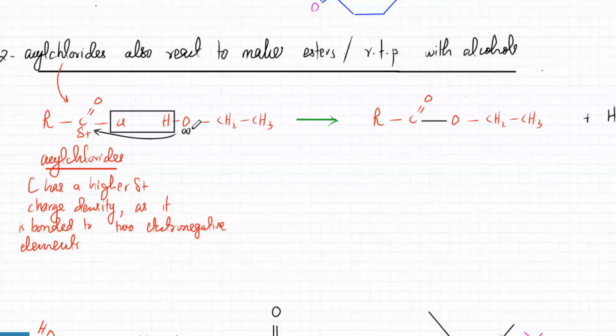So it was more interested in that lone pair, and you had a faster reaction. It happens at RTP.